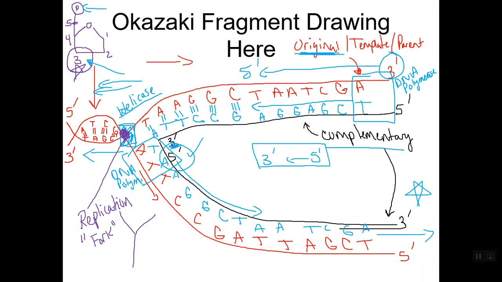There are exposed bases between DNA polymerase where it started over here and where helicase is now, which is like way off my screen to the left, right? So DNA polymerase has to unattach. It has to unattach from the DNA strand that it just made, catch up to helicase, and reattach.